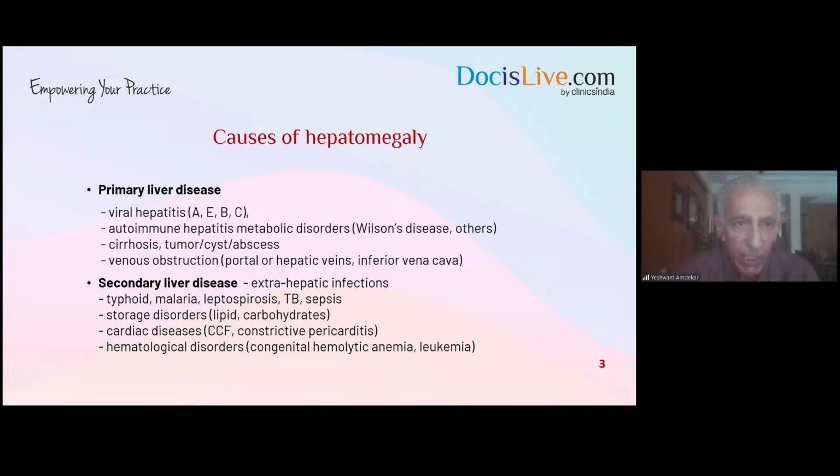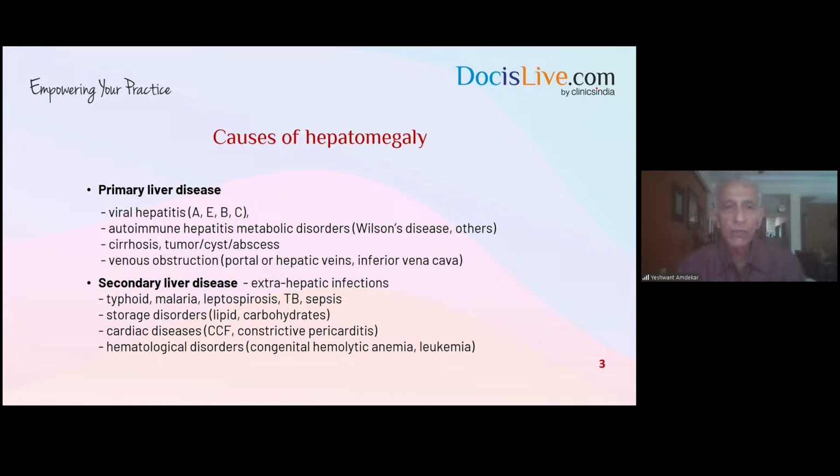And of course, you may have the fourth group, which is the damaged liver, either because of a tumor or because of a cirrhosis, or sometimes it could be simply a venous obstruction, like a hepatic vein obstruction or an inferior vena cava obstruction. Or finally, it could be reticuloendothelial cell disease, where something is accumulating there.